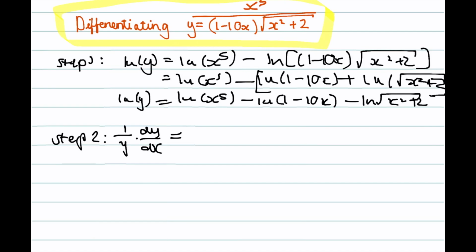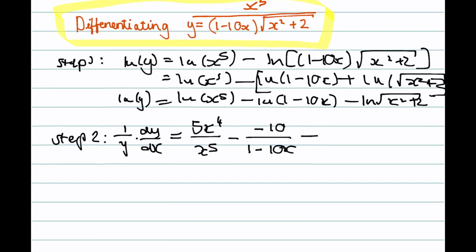This will be equal to 1 over x to the 5 times the derivative of x to the 5, so that will be times 5x to the 4, minus the derivative of ln 1 minus 10x, which will be 1 over 1 minus 10x times the derivative of that, which is minus 10.